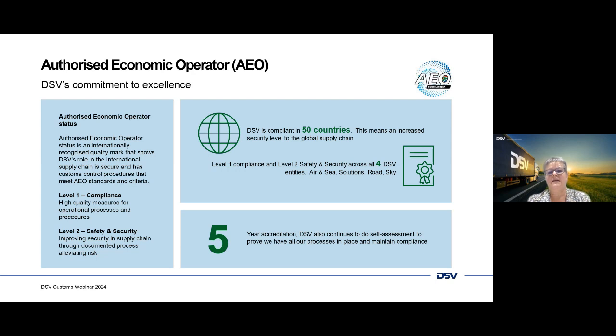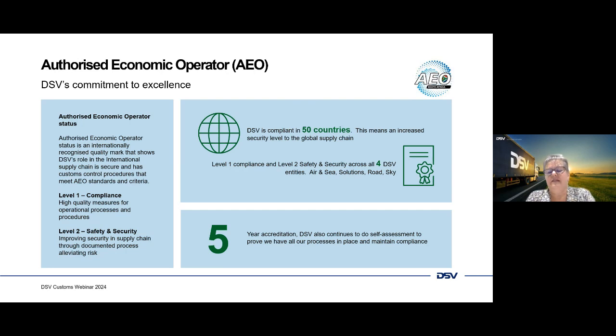DSV, as you can see, are already accredited in 50 countries globally, and all DSV entities in South Africa, which includes DSV Air and Sea, Road, Sky Services and Solutions, have level 1 and 2 AEO status.